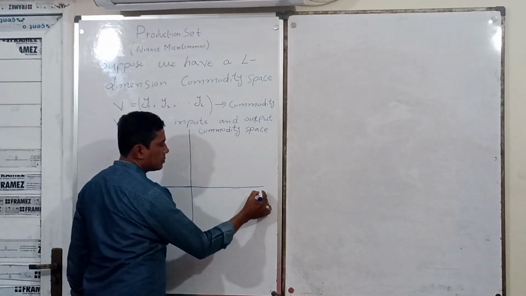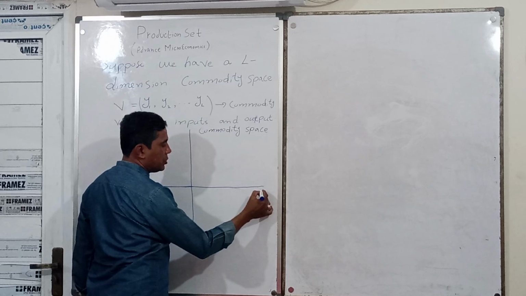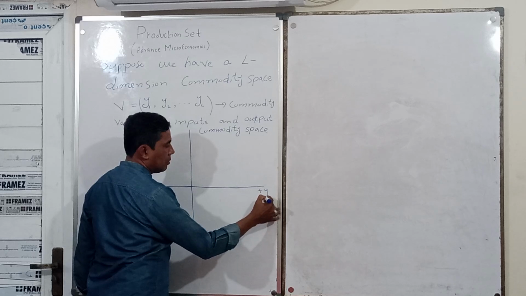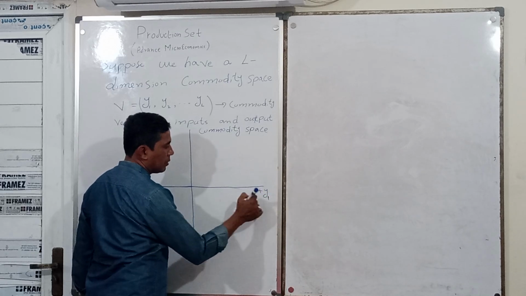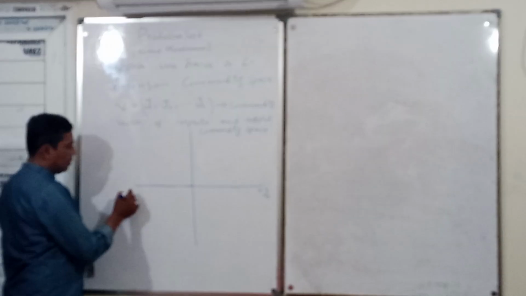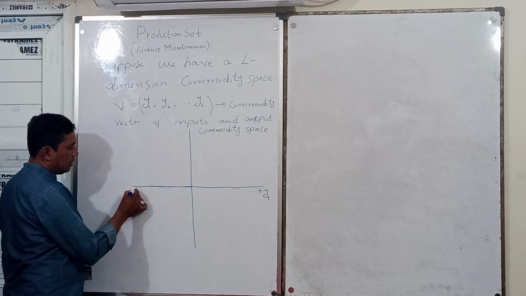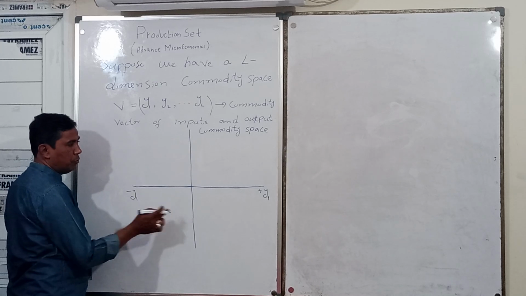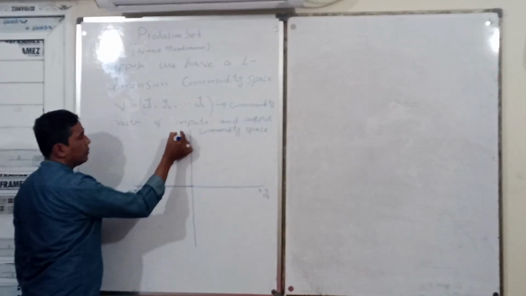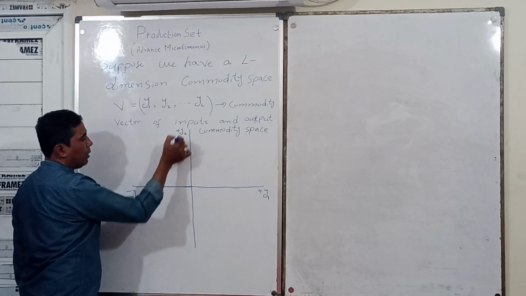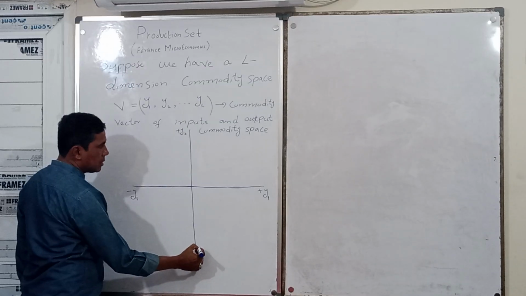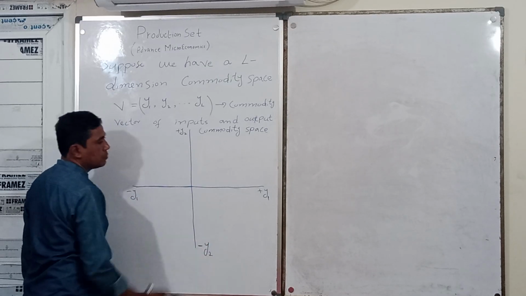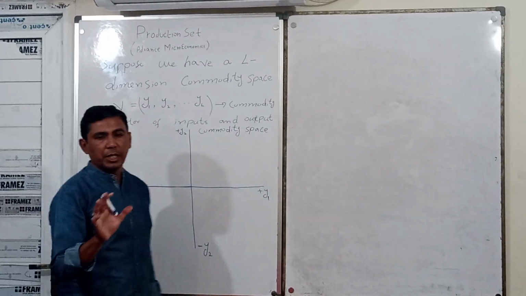Here, as you know, if we keep y1 here, it will be positive. Similarly, this y1 will be negative as per the definition of four quadrants, and here y2 will be positive, and similarly here you will have minus y2. So this is the four-dimensional commodity space.